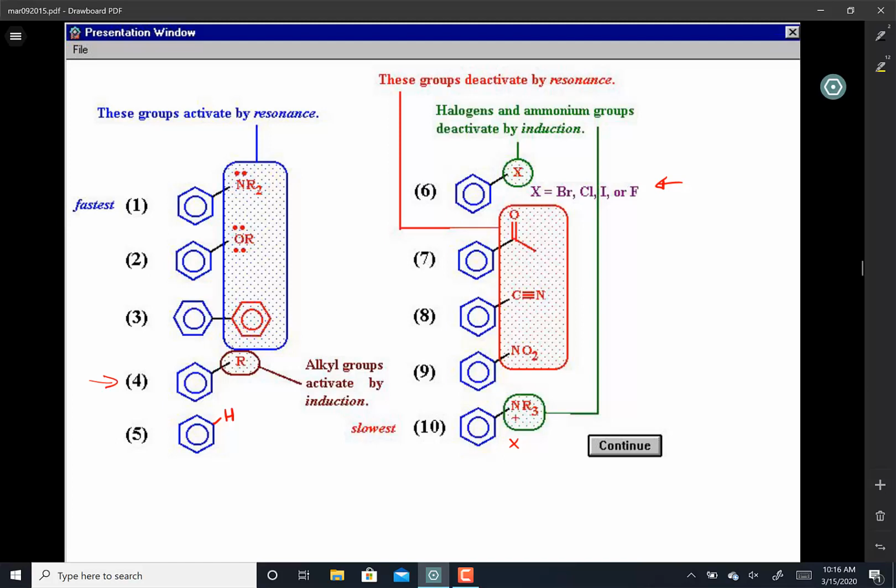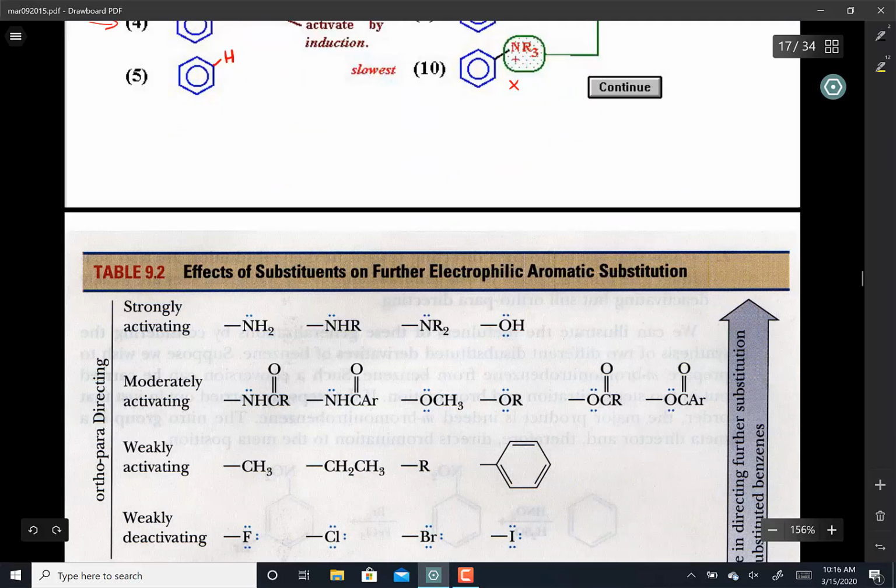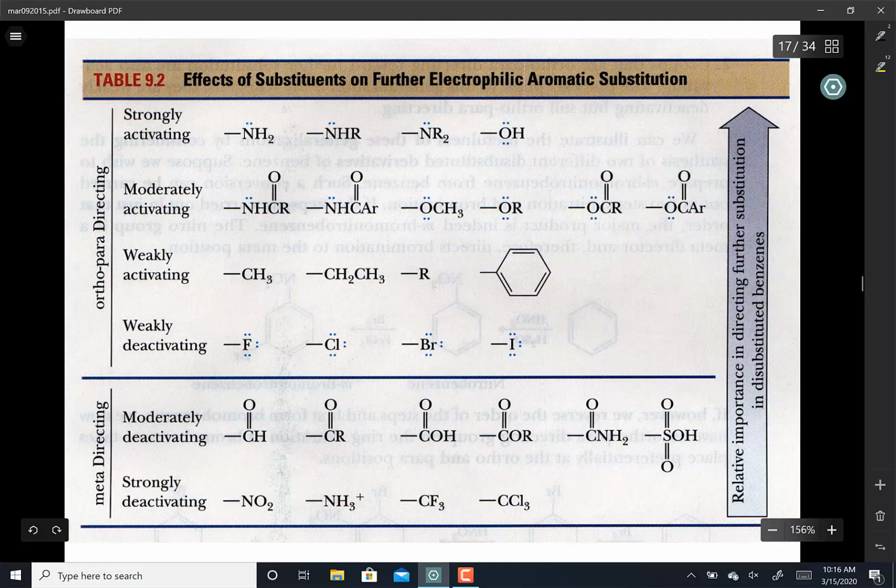Resonance is a much more powerful way to withdraw and donate electron density. This is just another chart that has some other groups in here. So for instance, we'll do some problems here. I'll give you some homework problems showing you all the differences.